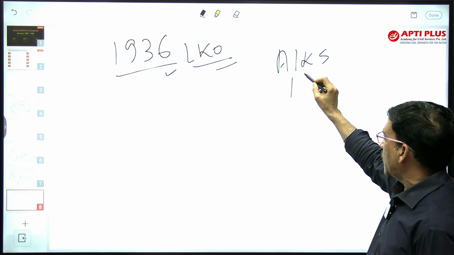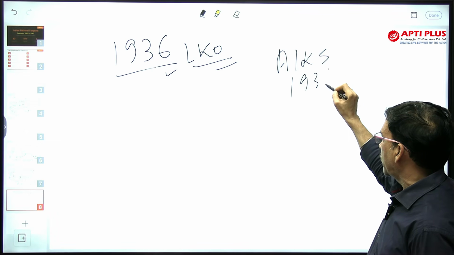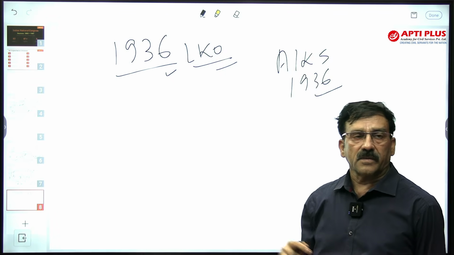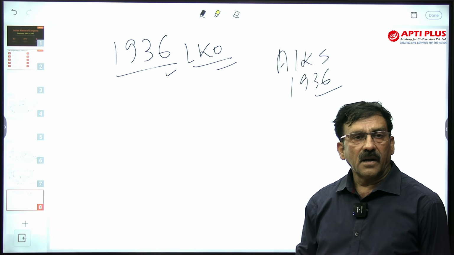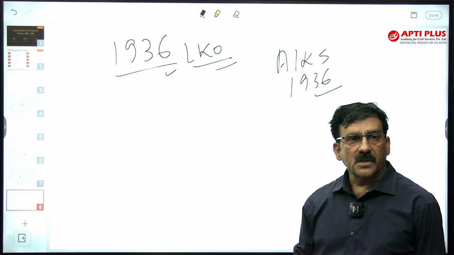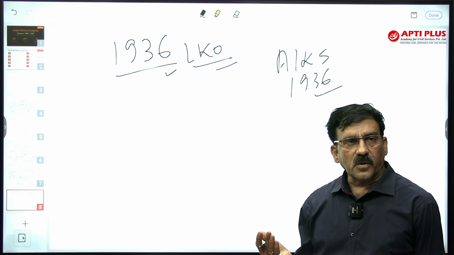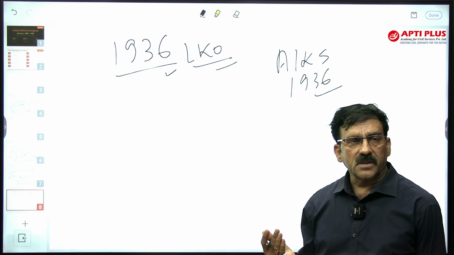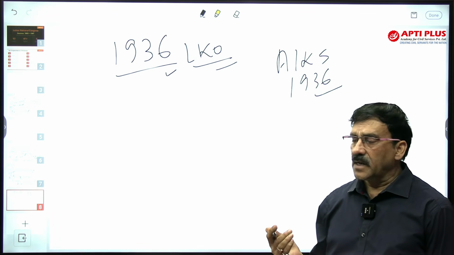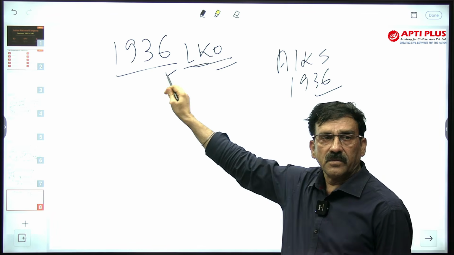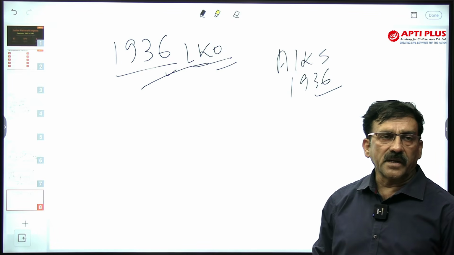All India Kisan Sabha also organized a meeting in Lucknow in 1936 before this Congress session. Hence, Congress also want to get the support of the peasants' sentiments, their grievances. Hence, Congress is also coming to Lucknow, presided by Nehru.